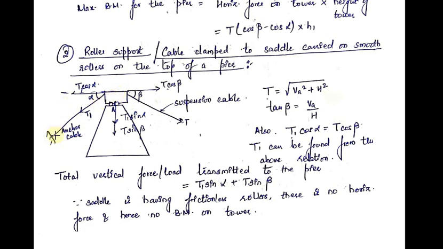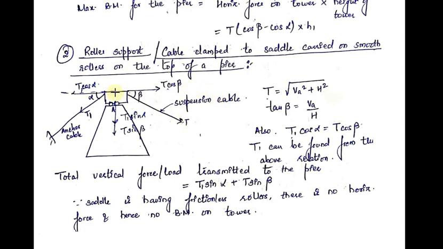So the cable does not go as a whole from one end to the other end. Instead, since the cable is clamped at the top of the saddle, these two parts, the anchor cable and the suspension cable, act as different cables because it is clamped at the top.